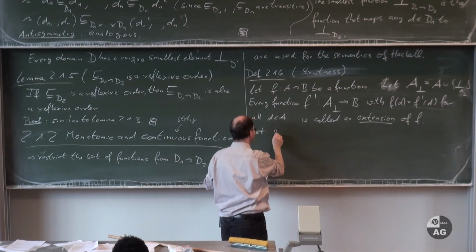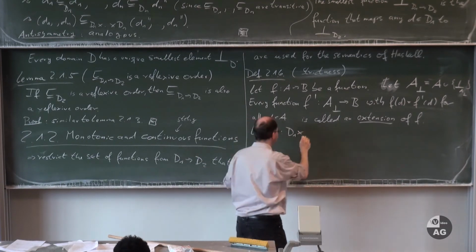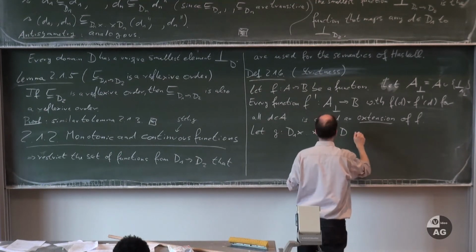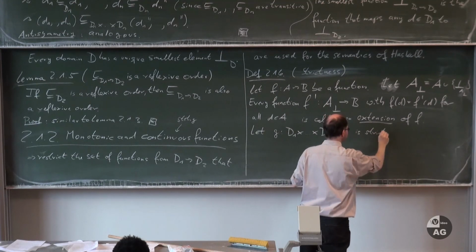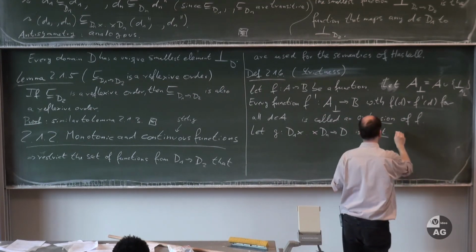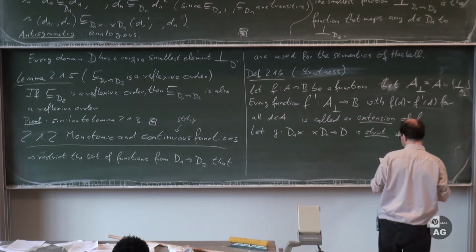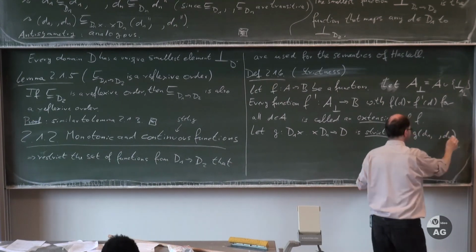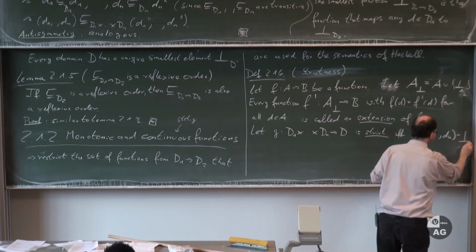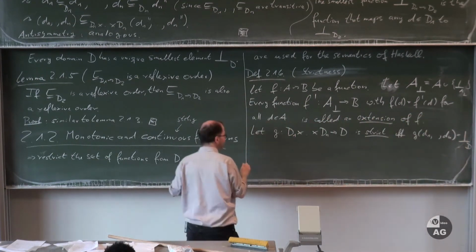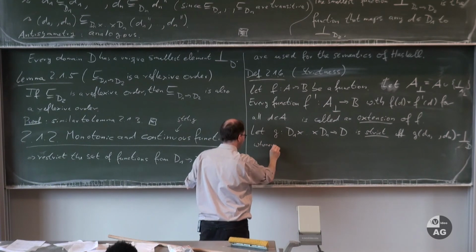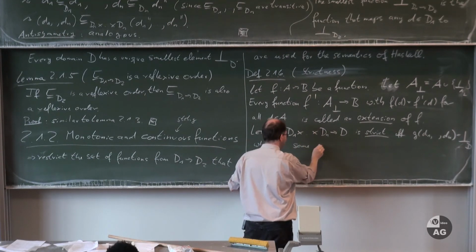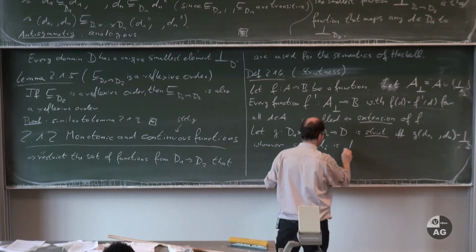If we have a function which may have several arguments, so it may go from d1 cross dn to some d, such a function g is called strict if the following holds: the function returns bottom as soon as one of its arguments is bottom, so g of d1 to dn returns bottom if this holds whenever some di is the bottom element of Di.